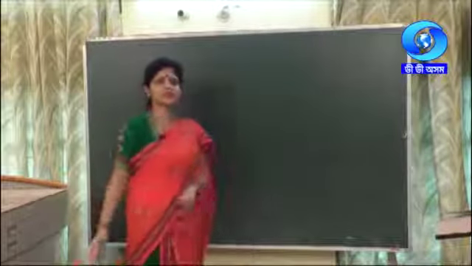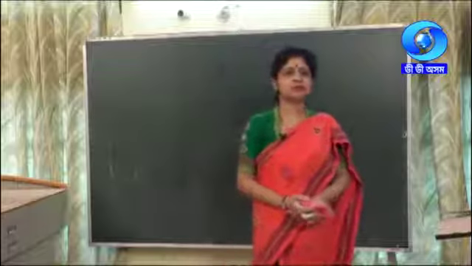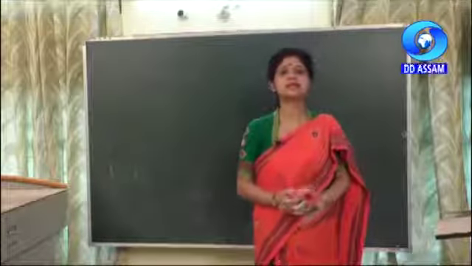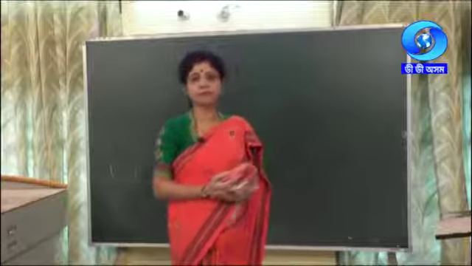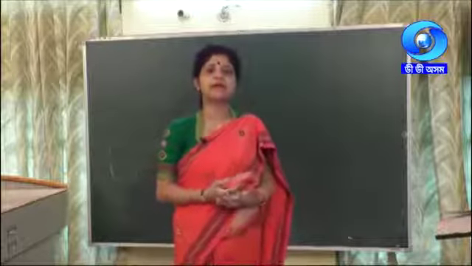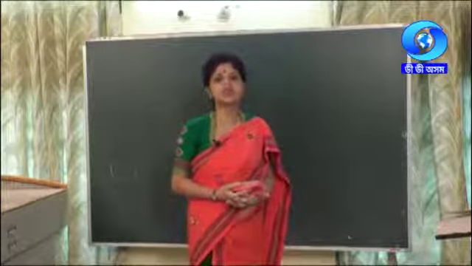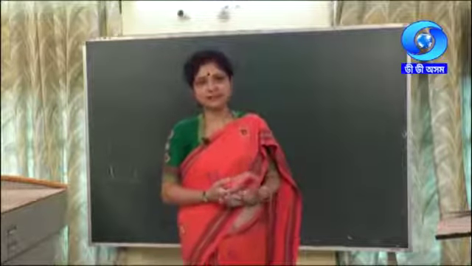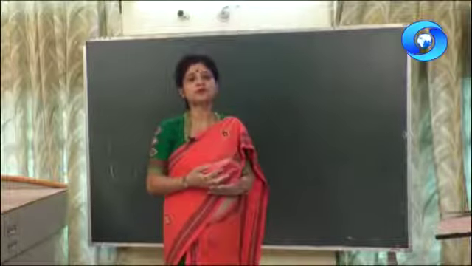So dear students, let's revise and recapitulate what we have learned today. At the very beginning we had started with the properties of arithmetic mean, the 4 very important basic properties, and then we had discussed the merits and demerits of arithmetic mean and why it is called the best measure of central tendency. And then we further moved on to median.